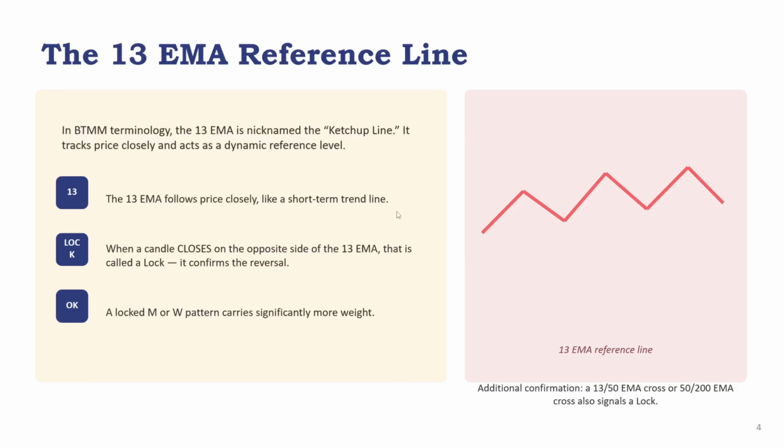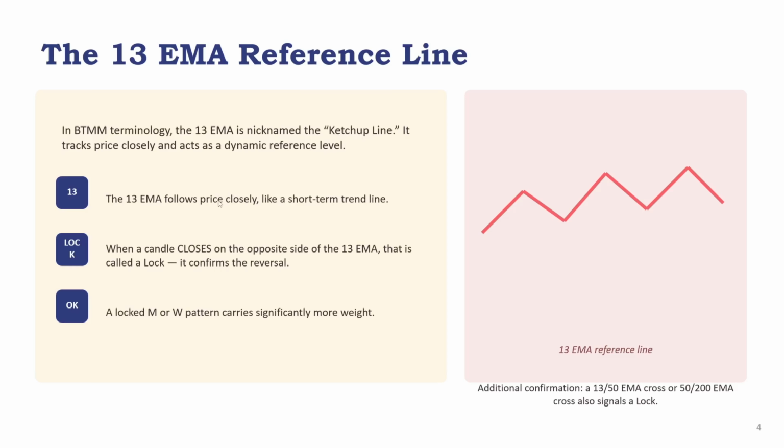So we use the 13 EMA in BTMM to give confirmed M's and W's. The 13 EMA has a nickname called ketchup. Those who have watched Steve's videos will hear him use the word ketchup.